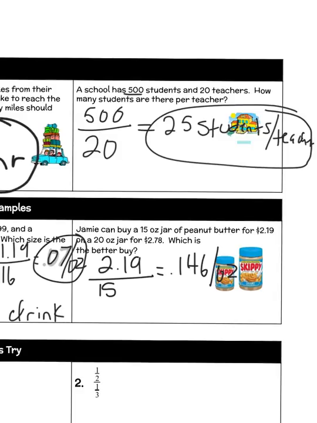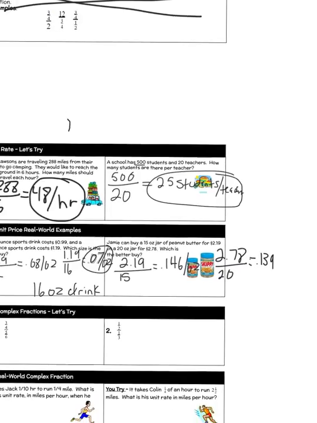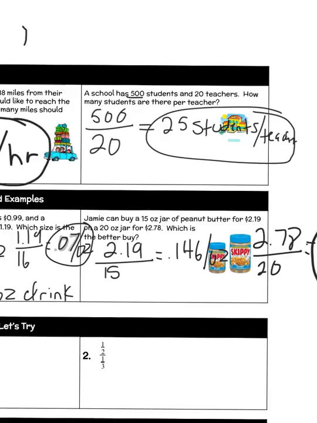Let's look at the bigger jar. This is $2.78 divided by 20 ounces. This equals 0.139 or 13 cents per ounce. So the better buy would be the 20-ounce jar, or the bigger jar.